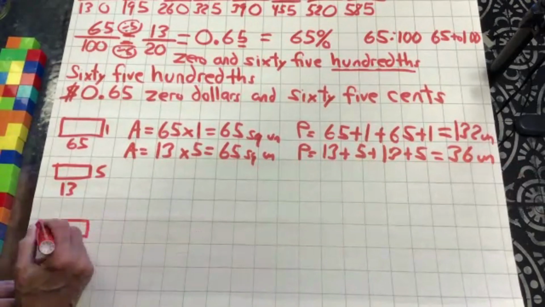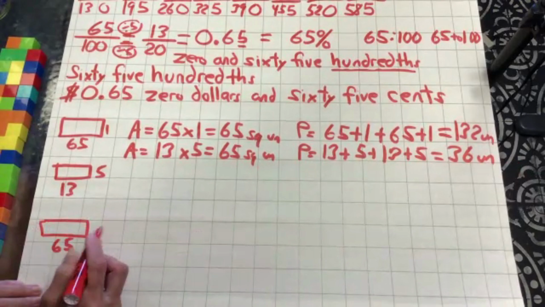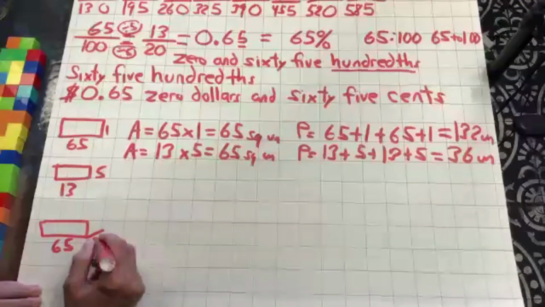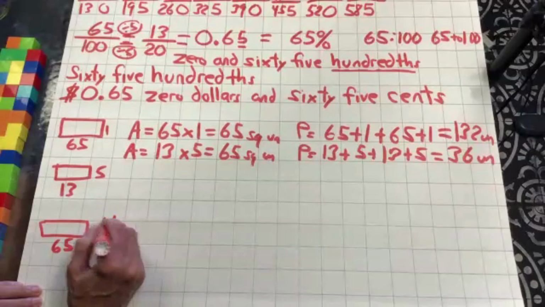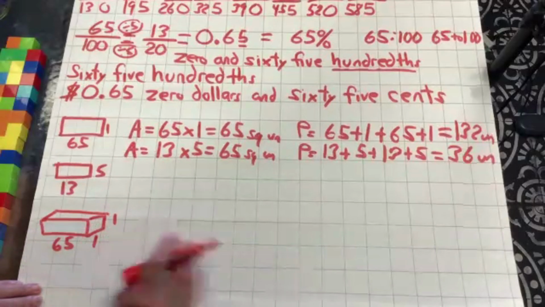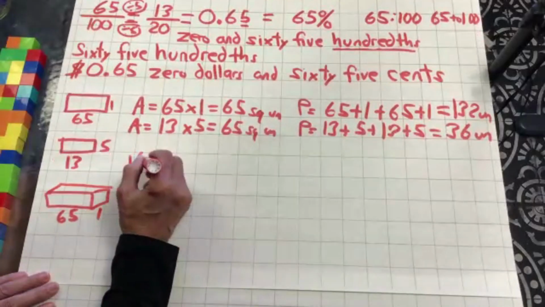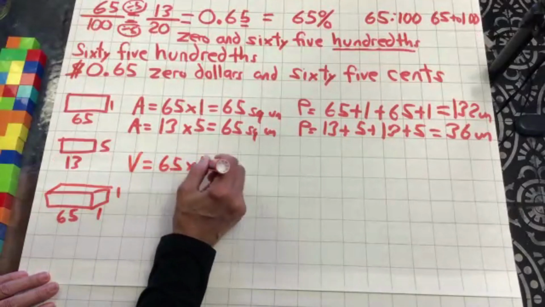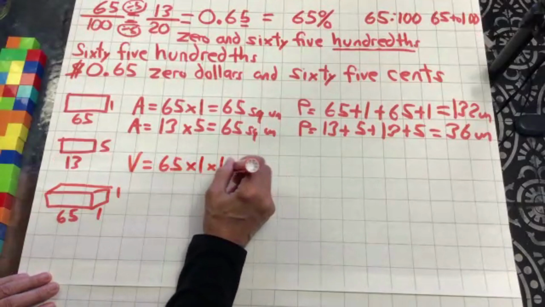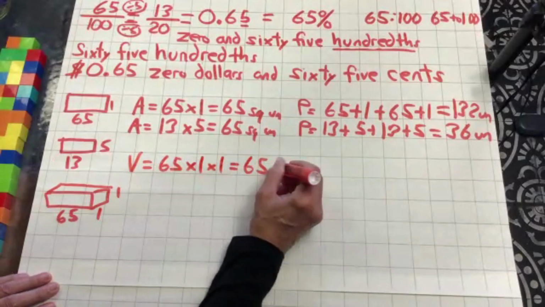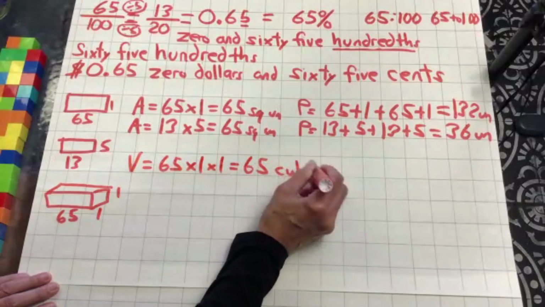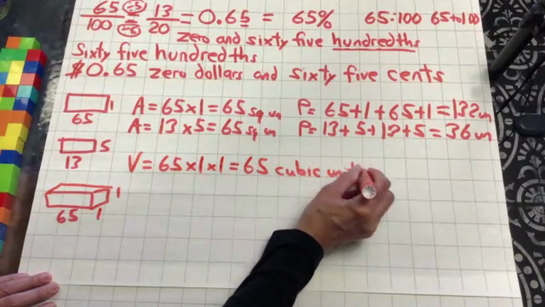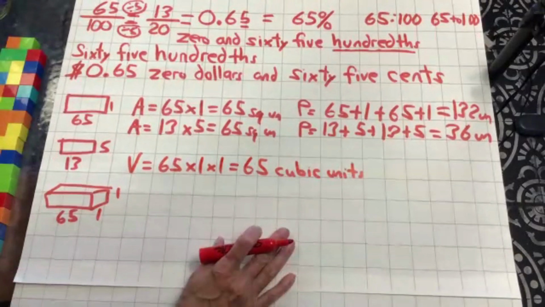So let's spend a little more time with volume on this one. So we have 65 wide by 1 deep by 1 tall. So here's my drawing. So we're going to do volume equals 65 times 1 equals 65 cubic units. All right. And we know we can write this.